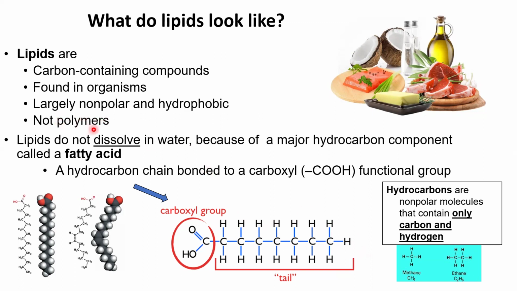They are not exactly polymers, and they do not dissolve in water, because the major component of it is hydrocarbon based, and it's called a fatty acid. And the hydrocarbon chain is bonded to a carboxyl group, the COOH functional group. So now these are non-polar, primarily because they only contain carbons and hydrogen.